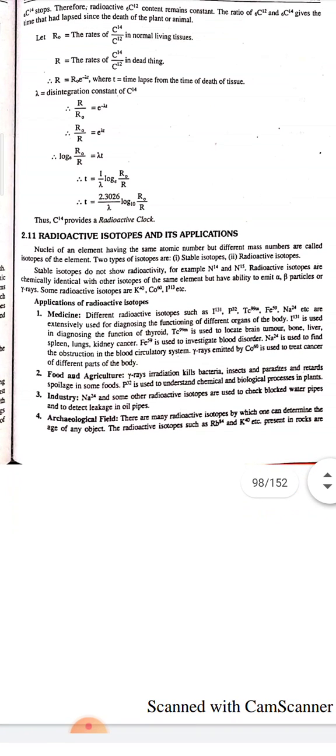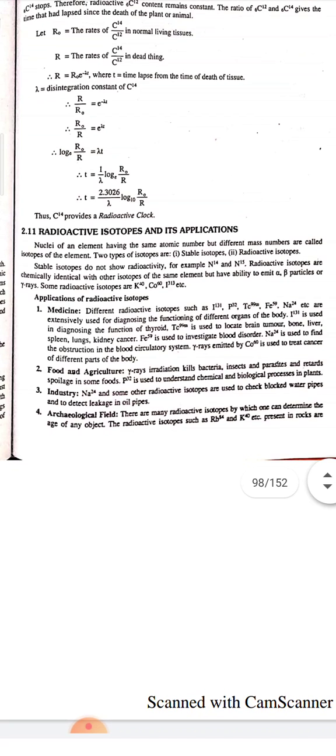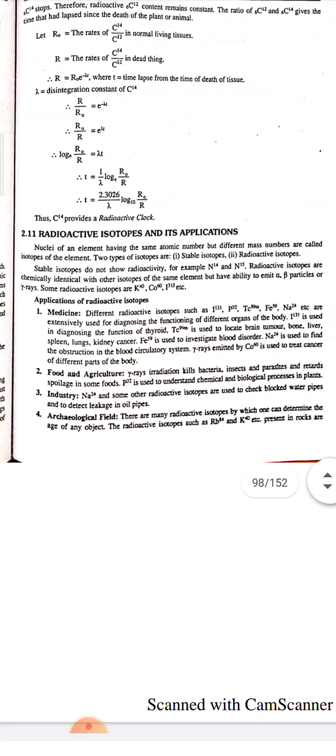Applications of these radioactive isotopes: in medicine, they can be used as medicines. Iodine, phosphorus, tantalum, iron, sodium, etc. are extensively used for diagnosing the functioning of the different organs of the body. Especially iodine is used in diagnosing the function of the thyroid.